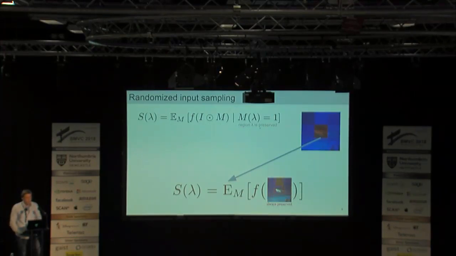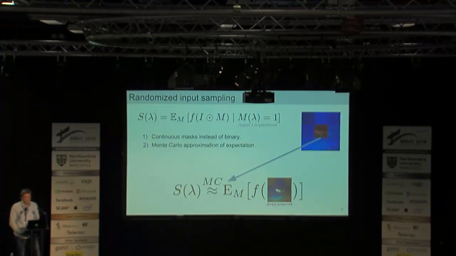From here, we use two approximations to get to our final method. The first one is that we go from binary masks to continuous. There are two reasons for that. First, we would like to get rid of sharp edges in the masked images. And second, using continuous masks, we get smoother saliency maps.